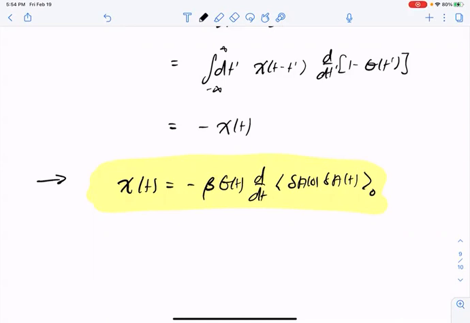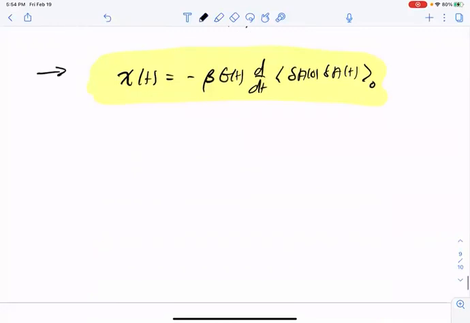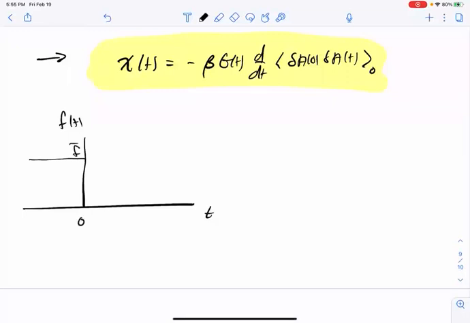It says that the way in which a system relaxes, mind you, that's what we're doing here, we started with a constant force of scale F bar.